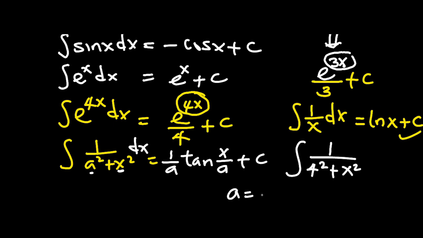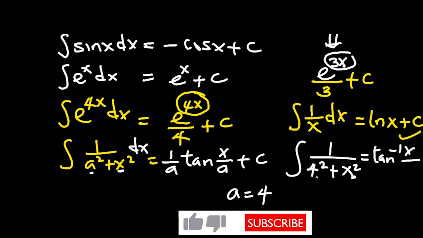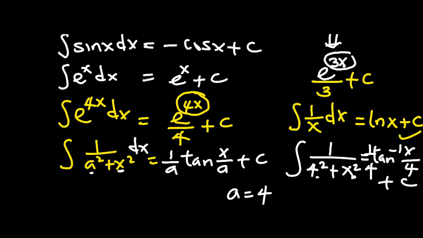So a in this case is 4. So the integral will equal what? 1 over 4, inverse tan of x over 4, plus c. So that's that on this introduction.